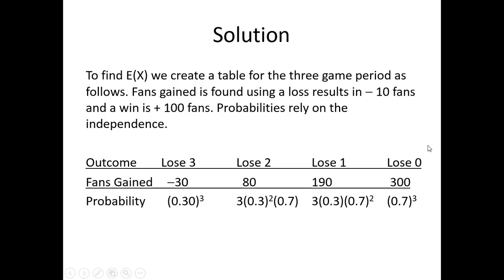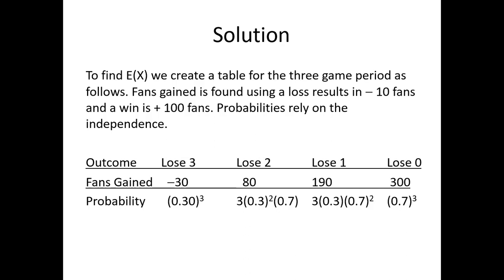Think of the outcomes. You could lose all 3, lose 2, lose 1, lose 0, which is the same as winning all 3. If they lose all 3 games, they would lose 10 fans each game, so a total of 30. If they lose 2 games, well, they win 1, so they would gain 100, but then lose 20 fans because of the 2 games they lost.